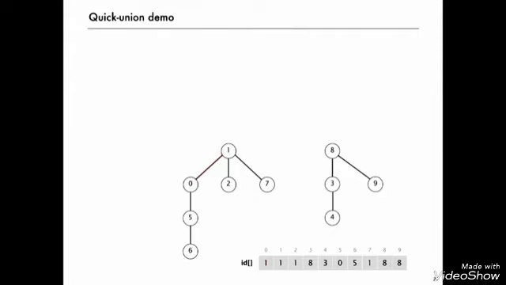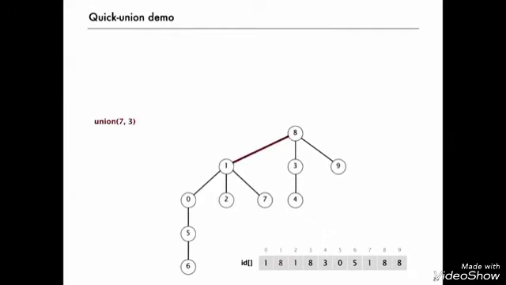Each one of these union operations just involves changing one entry in the array. And finally, 7 and 3. So 7's root is 1, 3's root is 8, 1 becomes a child of 8. Okay, and now we have one connected component with all the items together.